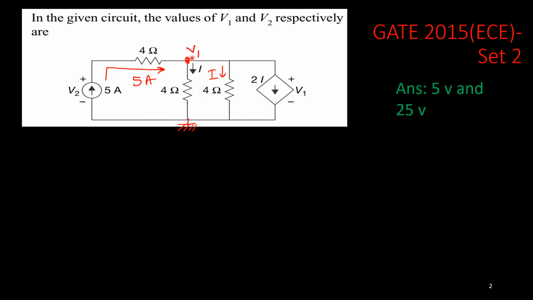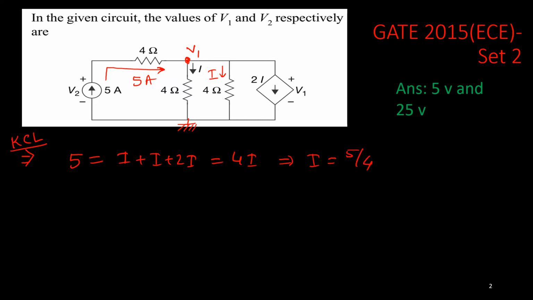Total incoming is 5 ampere, which should be the same as total outgoing, I plus 2I. So 5 equals I plus 2I. That means it is 4I, and that gives I equal to 5 upon 4.